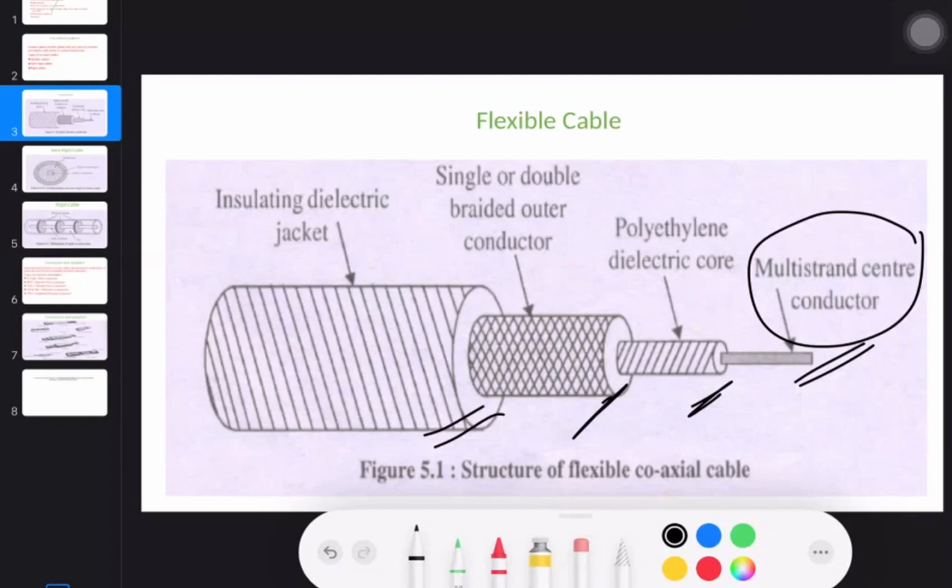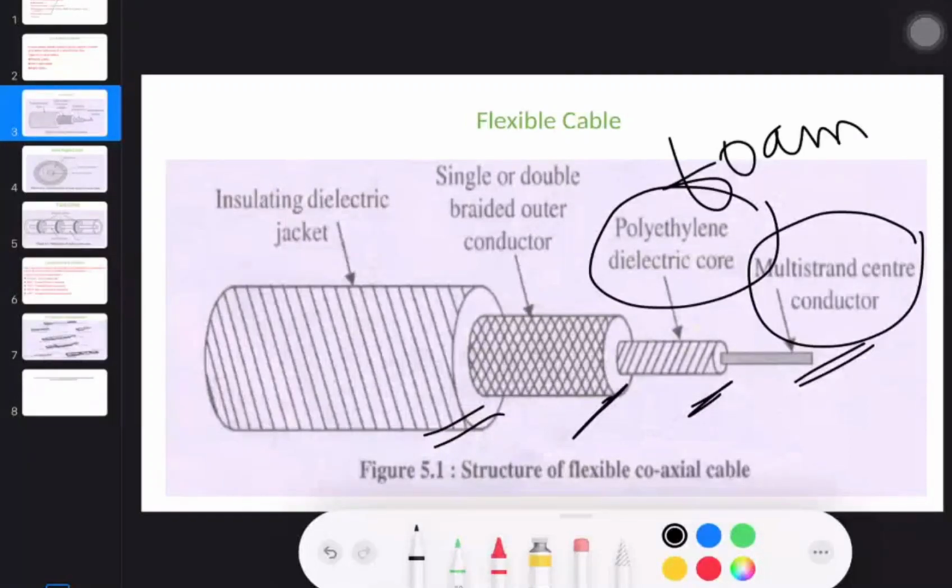There will be a conductor of copper material, and above the copper conductor layer there will be a dielectric core material. In a flexible type of cable, the dielectric core we use is foam polyethylene. This foam polyethylene is a material which gives the property of flexibility.